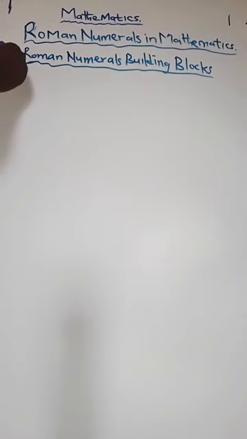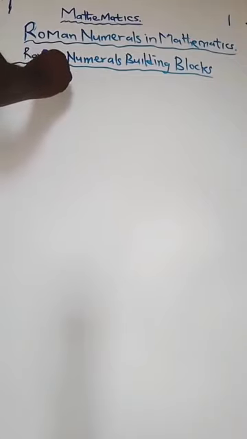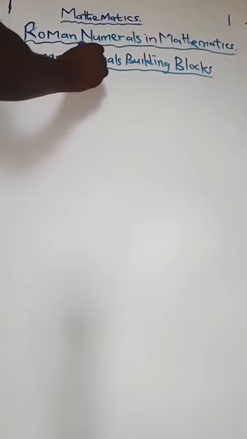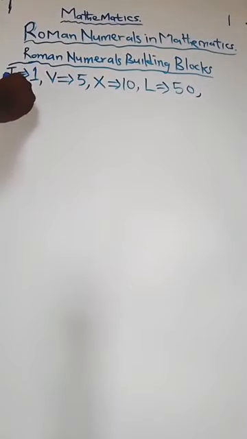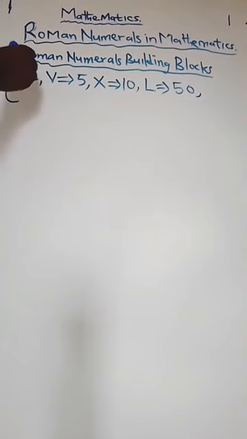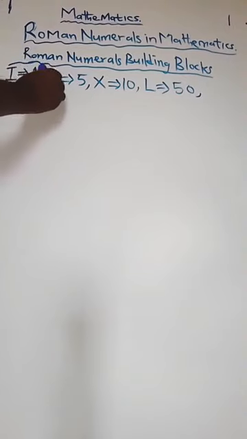We have I, which means 1 in ordinary number. We have V, which is 5. We have X, which is 10. We have L, which is 50. We have C, which is 100.